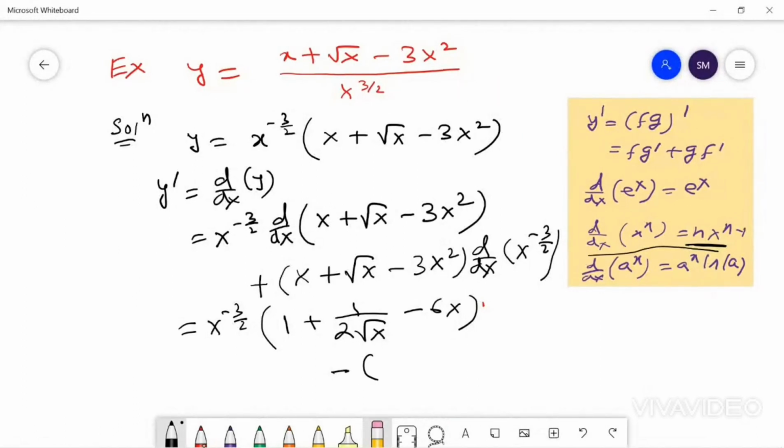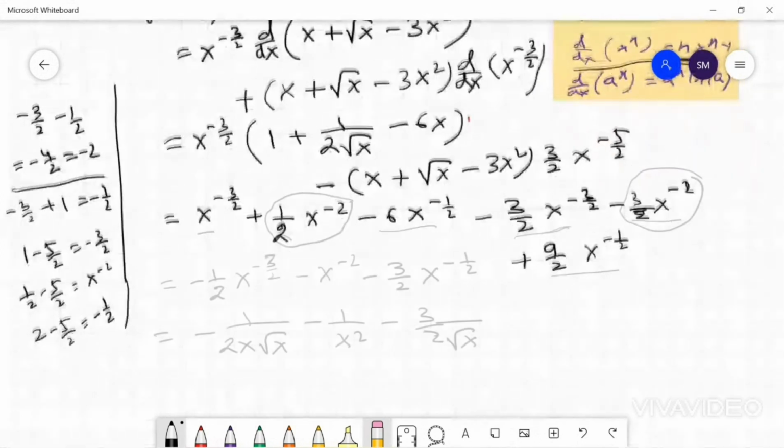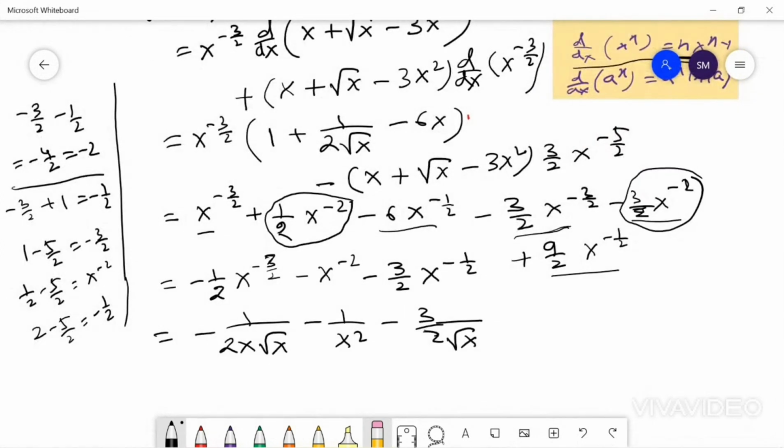Then minus, because of the derivative of x^(-3/2), the other term as it is, and then (3/2) x^(-5/2). Now you will do the product, simplify them, take the common terms, and you will get the final answer.